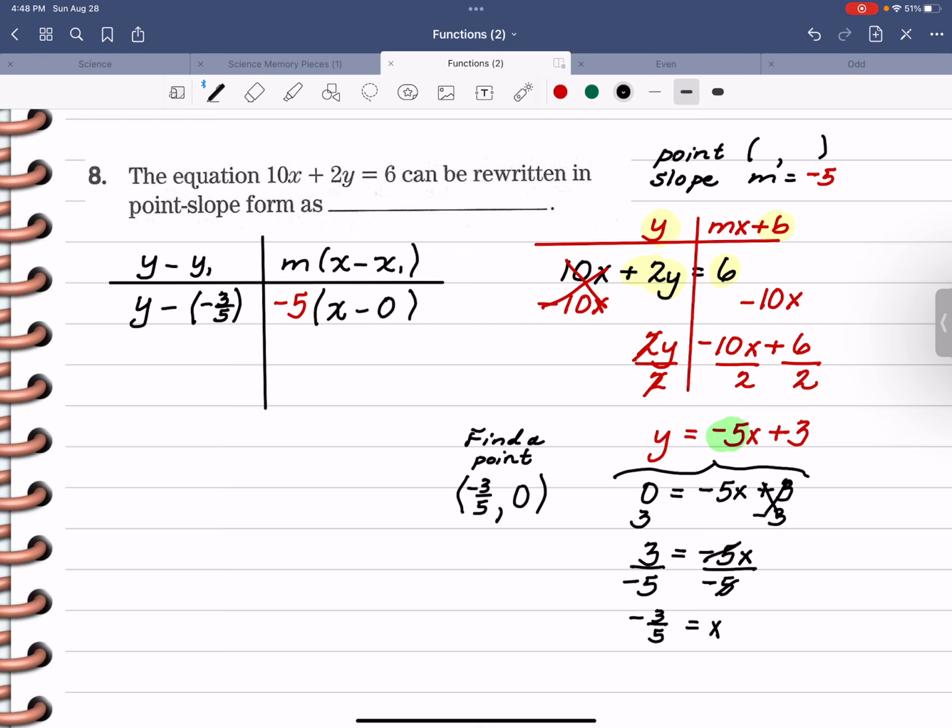All right. So we end up with y plus 3/5 equals negative 5x plus 0, or y plus 3/5 is negative 5x.